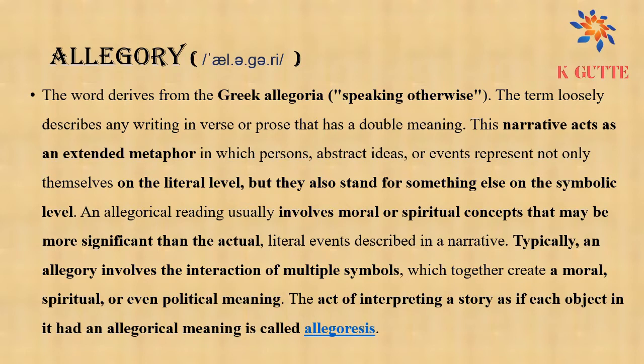in a narrative. Typically, an allegory involves the interaction of multiple symbols which together create a moral, spiritual, or even political meaning. The act of interpreting a story as if each object in it had an allegorical meaning is called allegorizing.